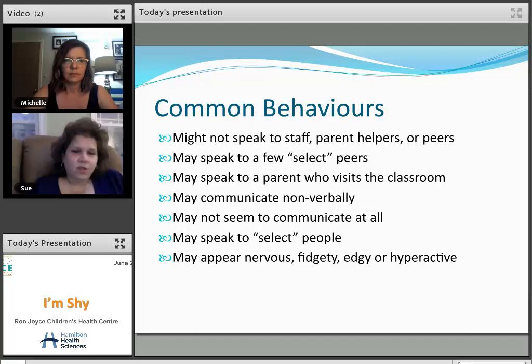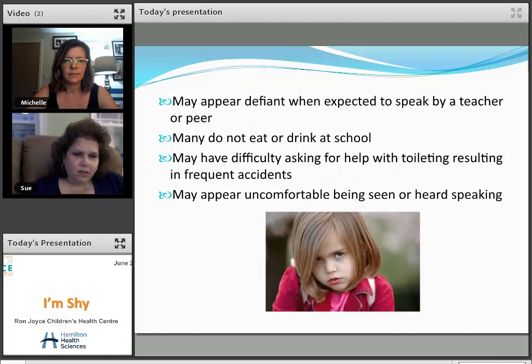They may also just communicate with nonverbals, like head nods, eye rolls, a head tilt, or shoulder raises. Some may not communicate at all, so you may get absolutely nothing from them. They may just speak to very select people, specific adults or specific peers. And they may appear very nervous or fidgety or edgy, or maybe even a little bit hyperactive.